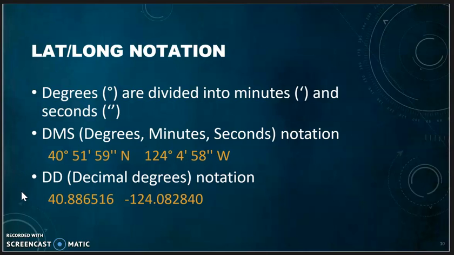And that same notation in decimal degrees is 40.886516 and negative 124.082840. And again, this is a negative number because this 124 degrees is west of the prime meridian, therefore it is negative, and this latitude 40 is north of the equator, therefore it is positive.